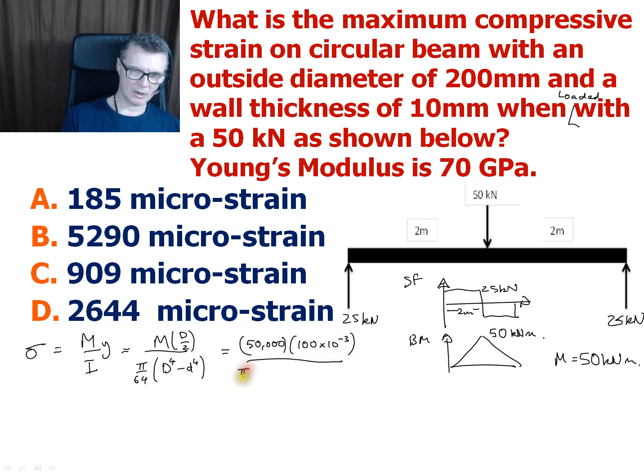And we've got pi divided by 64 here. Outer diameter is 200, which I need to raise to the power of 4. The thickness is 10 millimeters, so the inner diameter will be 200, take away 10, take away 10, because we've got 2 thicknesses, so 180.